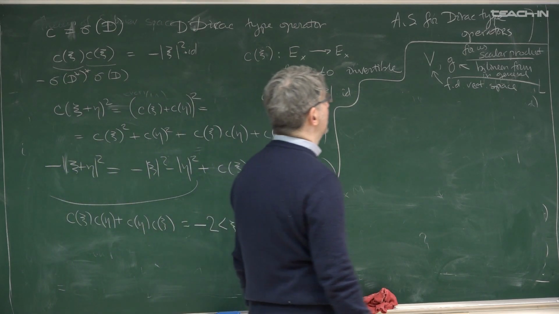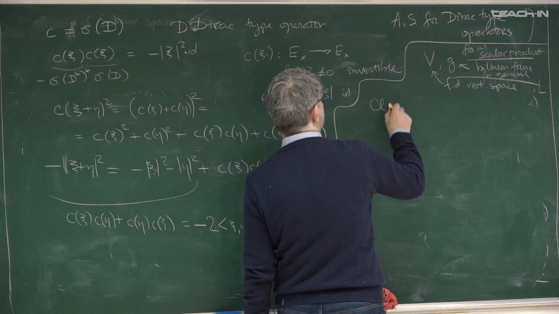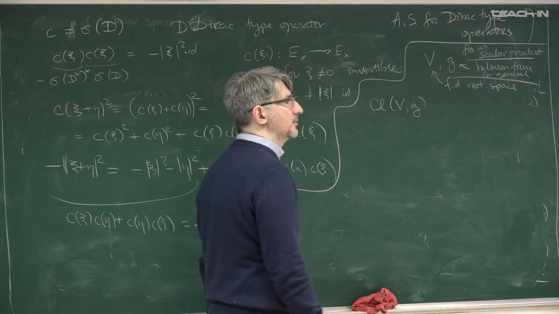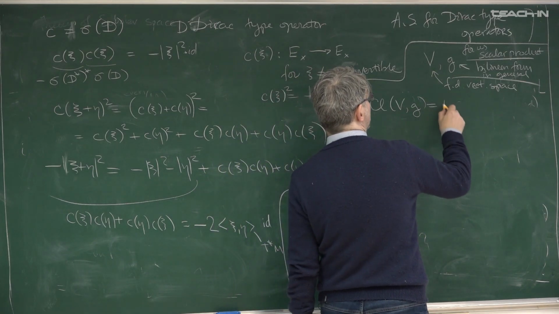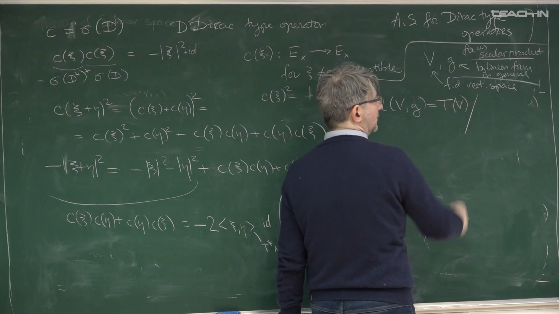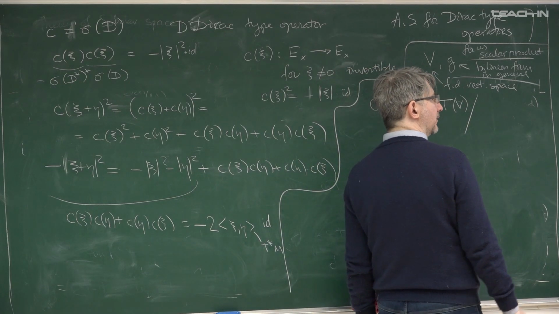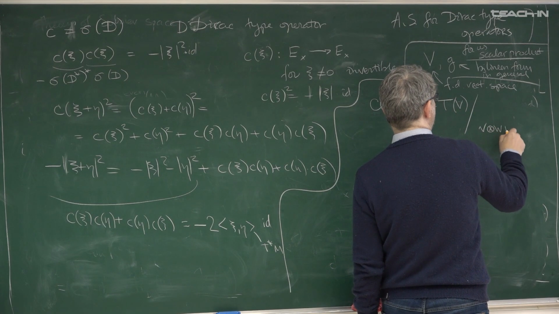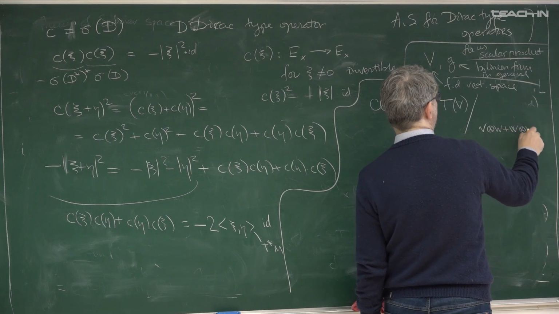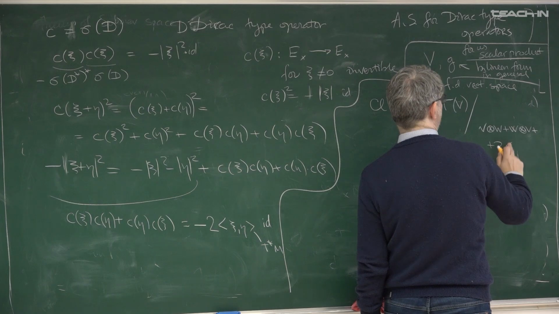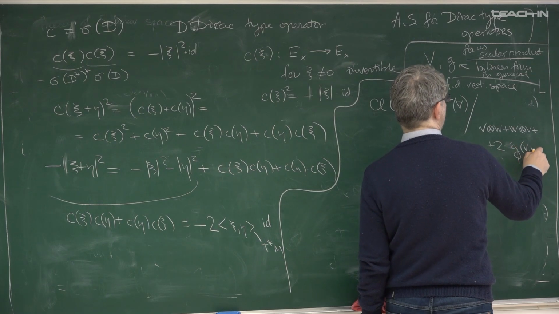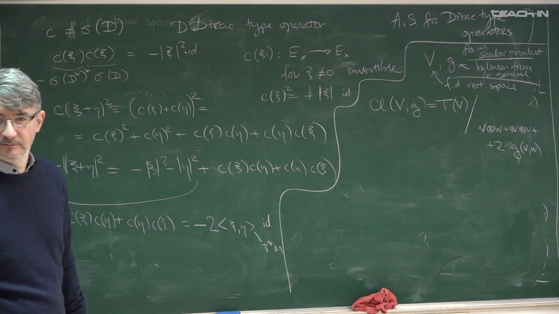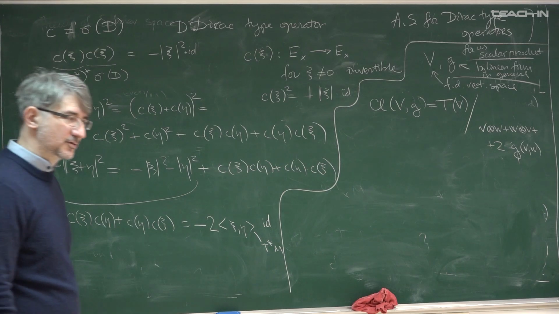Most interesting part. Then we can construct the following algebra, the Clifford algebra defined by the vector space and bilinear form G in the following way. You take the tensor algebra of the space V and take a quotient by the following two-sided ideal: V tensor W plus W tensor V plus two scalar products of V and W. You know what is tensor algebra? Sure. Okay, we can write it.